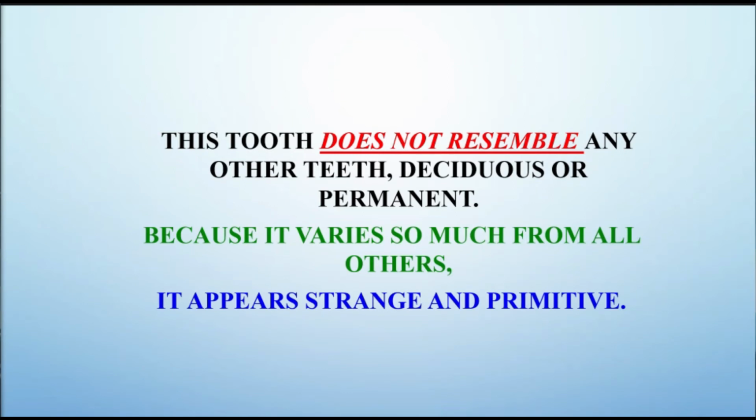So, if you keep in your mind, in a nutshell, as a gist: the deciduous maxillary first molar looks like a premolar. The deciduous maxillary second molar looks like the permanent maxillary molar. The deciduous mandibular first molar is a unique tooth. It does not look like any other tooth.